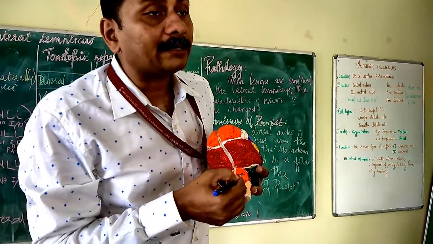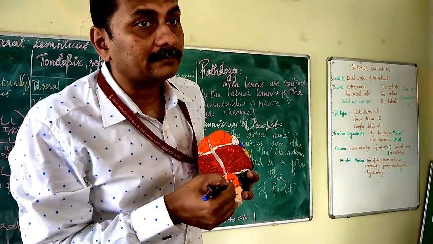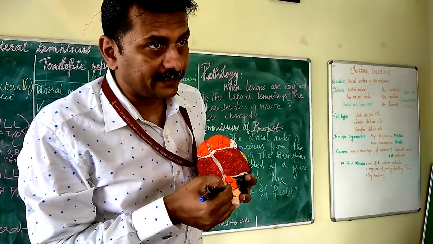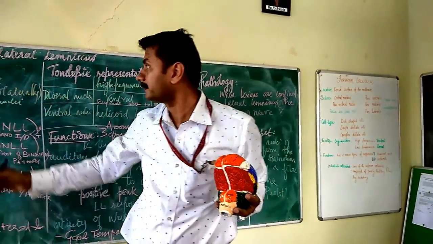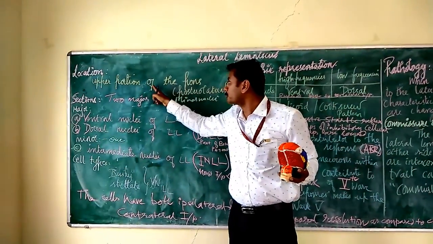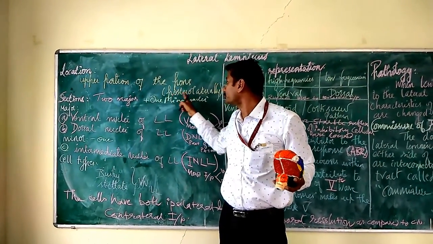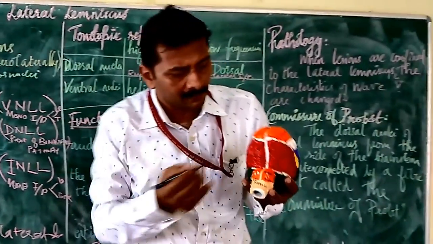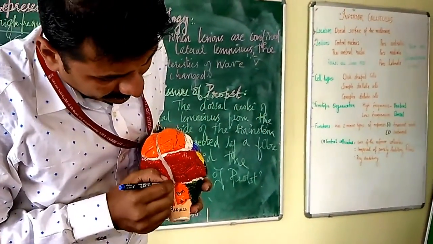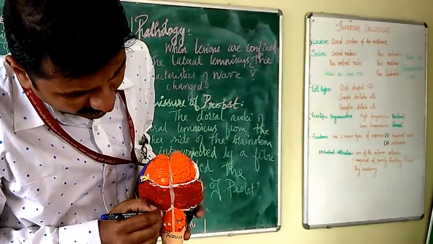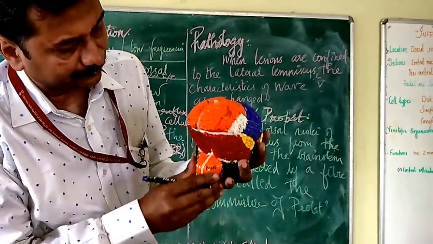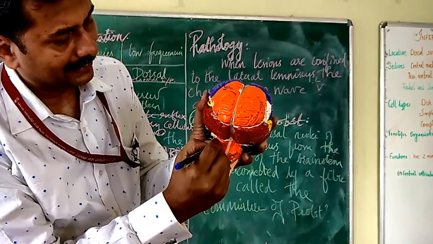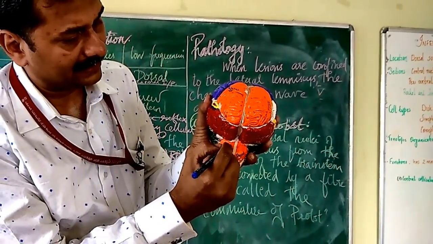At the caudal part of the pons was the superior olivary complex, and the lateral lemniscus would be in the upper portion of the pons, posterolaterally. So we take it to the upper portions of the pons, and this is known as the lateral lemniscus.